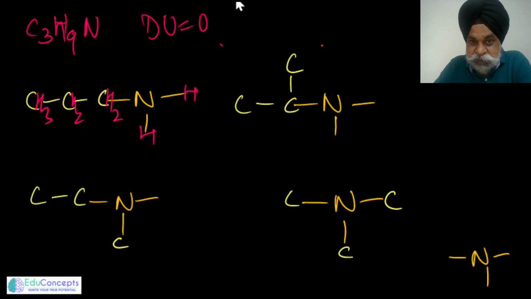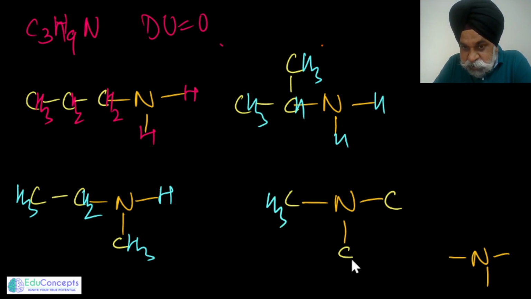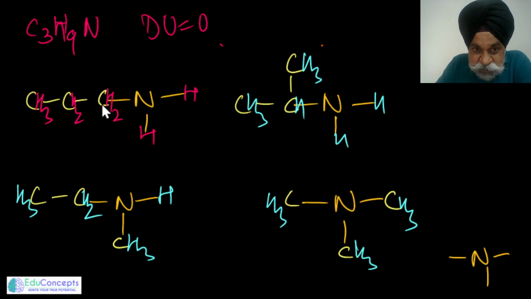It becomes 9, C3H9. Similarly, if I proceed further, here is 1, here is 3, here is 3 and 2. It again becomes 9. And here also 3, 3, 1 and 2. Here 3, 3, 3.